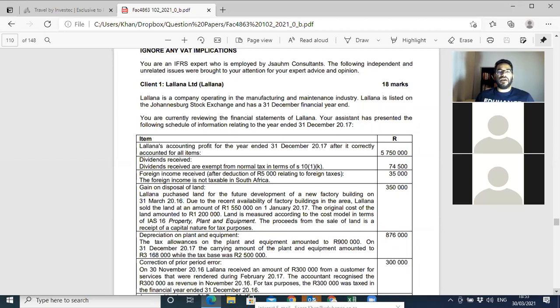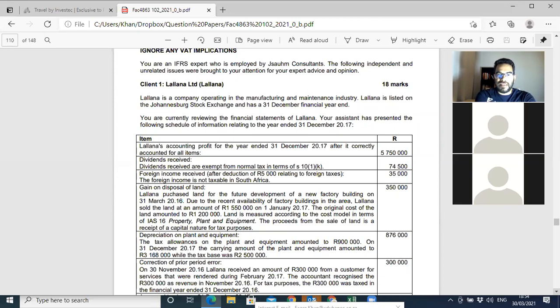A typical income tax question could be they give you the profit before tax line item. So firstly, it's a little bit unclear what that line item is. They said profit for the year. Okay, so I guess we can assume it's profit before tax, but they should have actually said which profit line item it is, okay? But we can assume it's profit before tax.